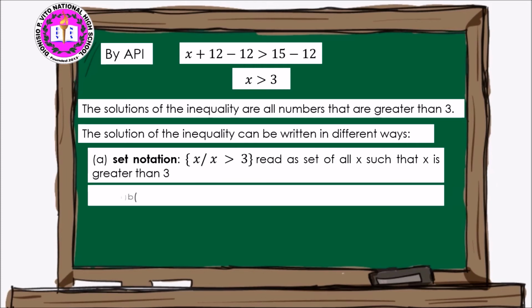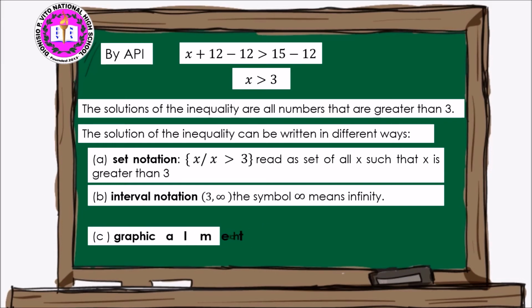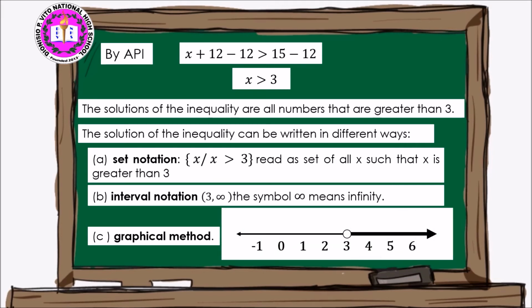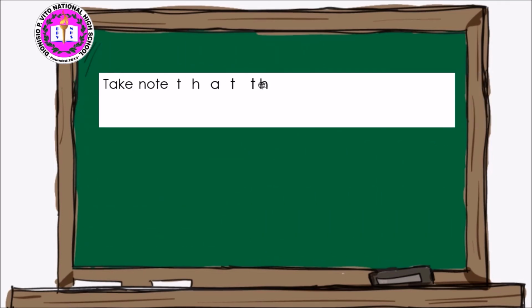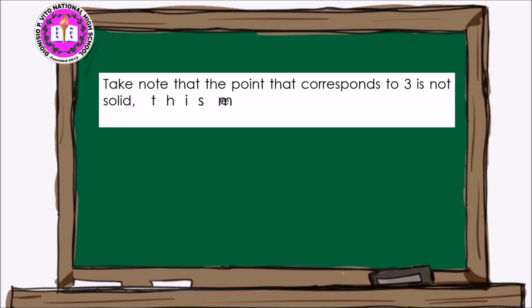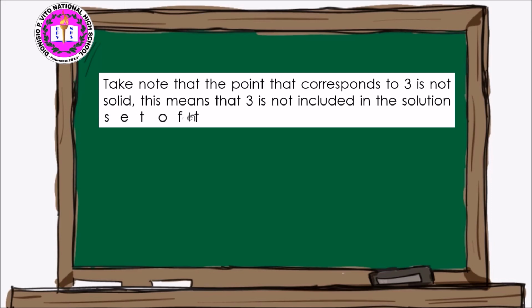The next one is the interval notation. The symbol means infinity. The next one is the graphical method. So we have x is greater than 3. So take note that the point that corresponds to 3 is not solid.